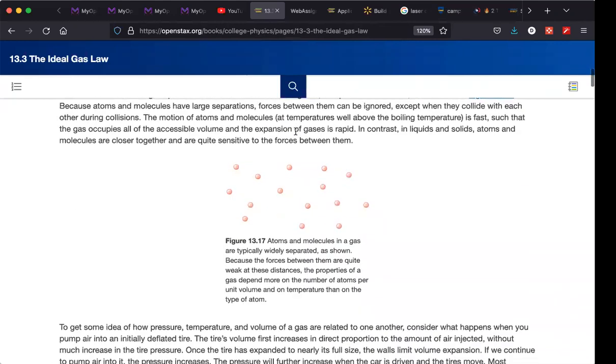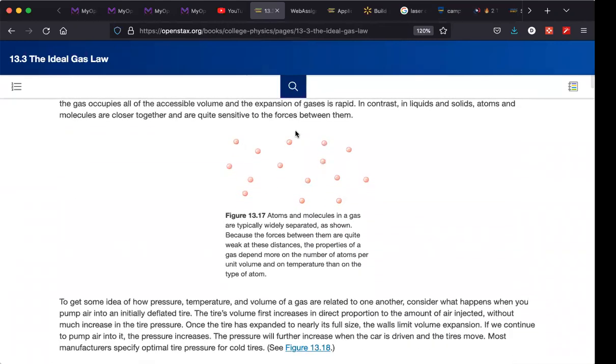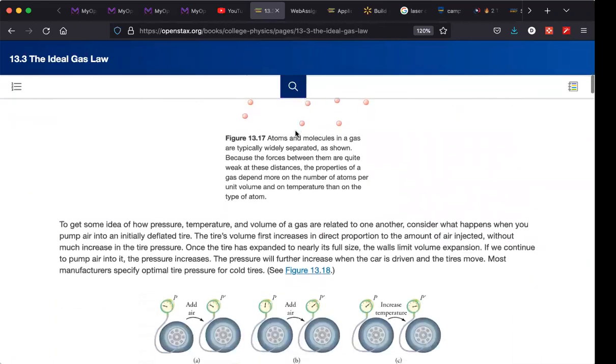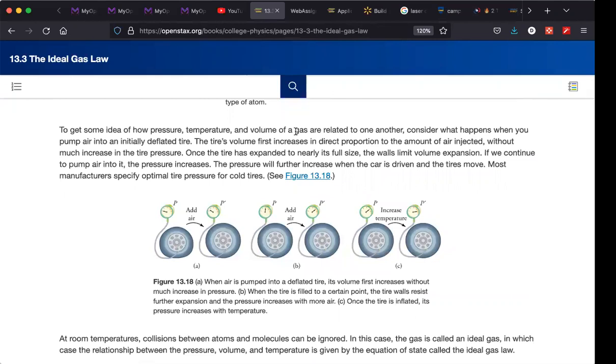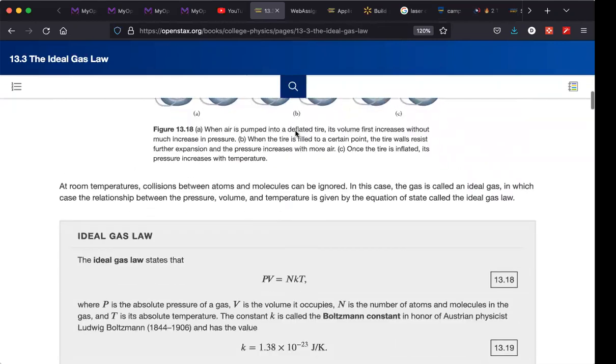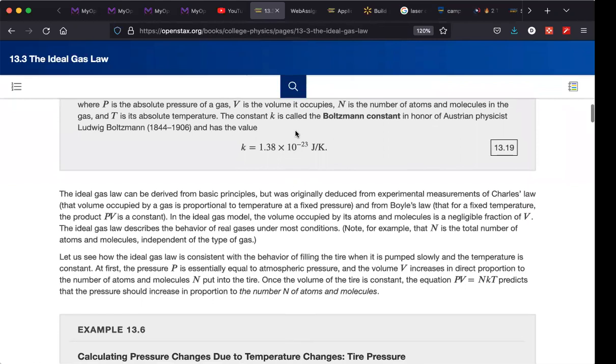I think that's pretty much it, actually. There's no interaction between the particles, and I can't remember if there's any other rules for the ideal gas. But anyway, that's why it's called the ideal gas law.